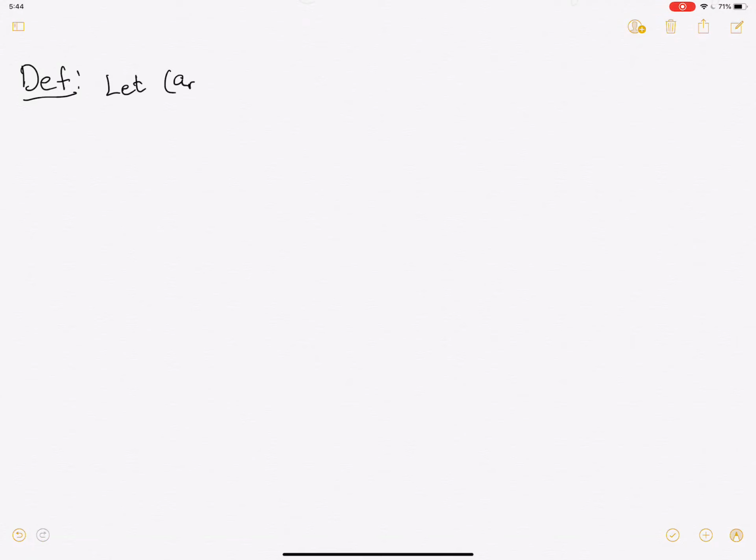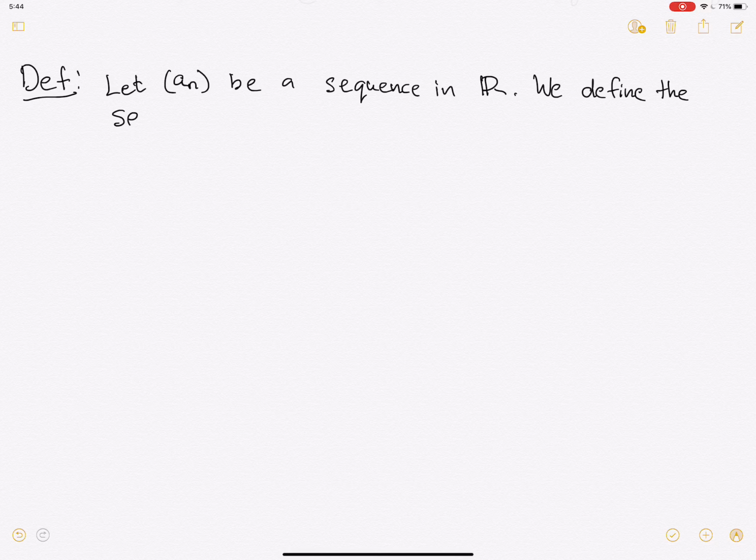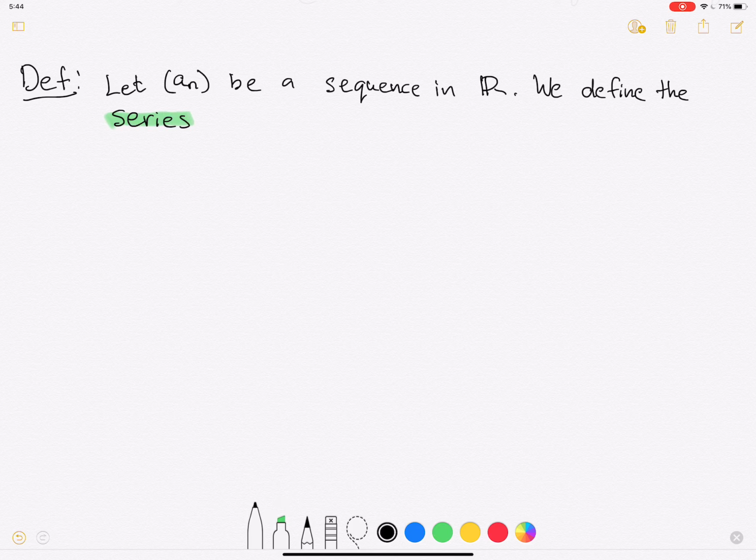Let a_n be a sequence in R. We define the series to be summing from n equals 1 to infinity all the elements in the sequence, or sometimes you write it as shorthand just that, without the upper and lower indices or the limits of the sum, I guess.